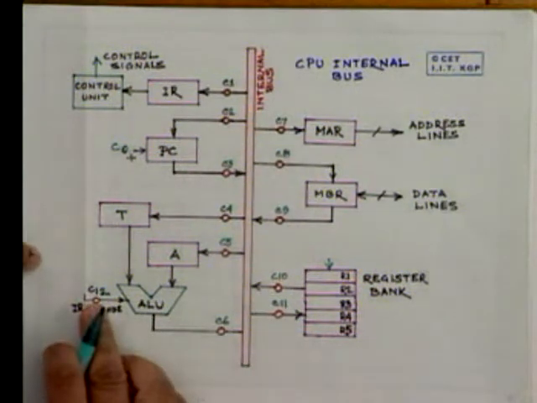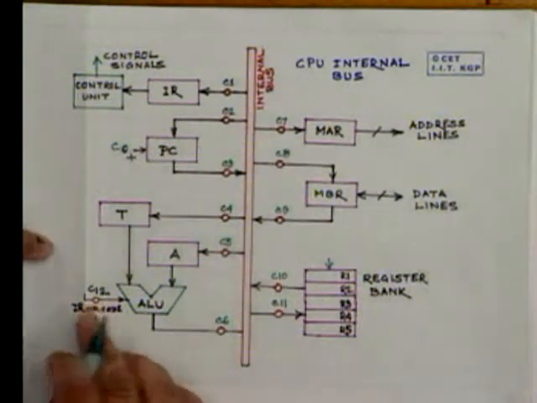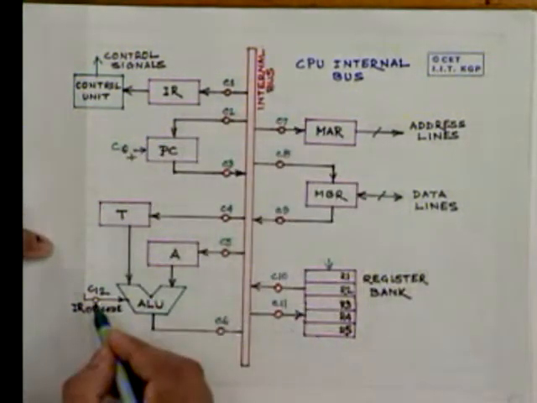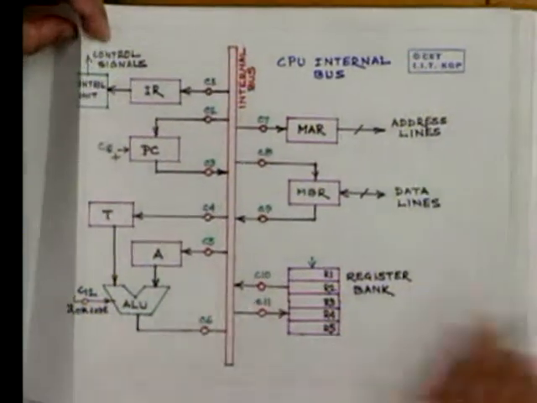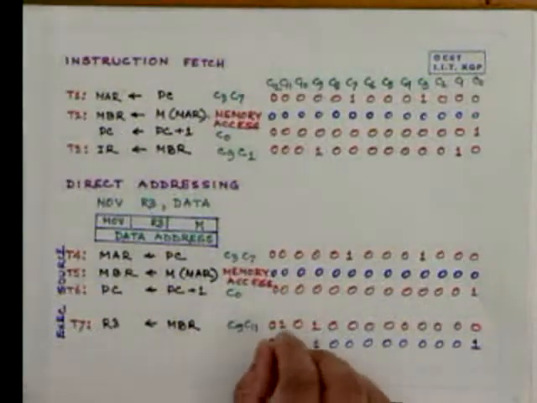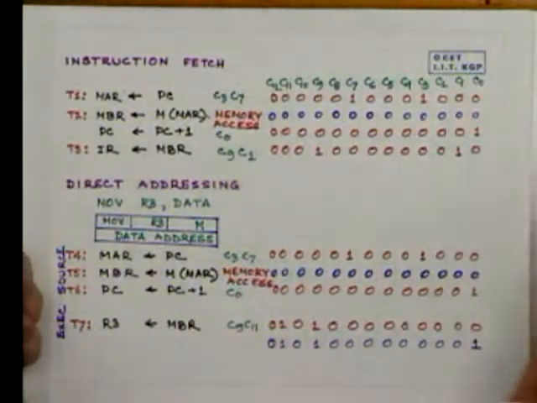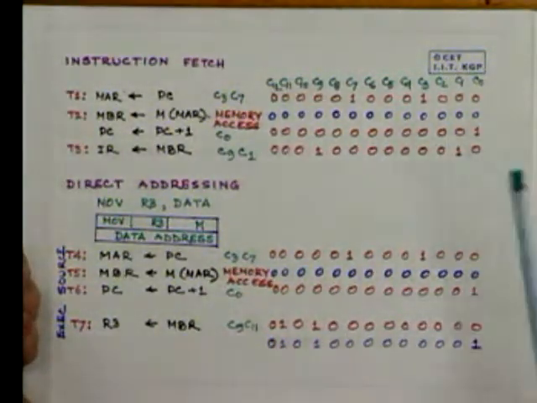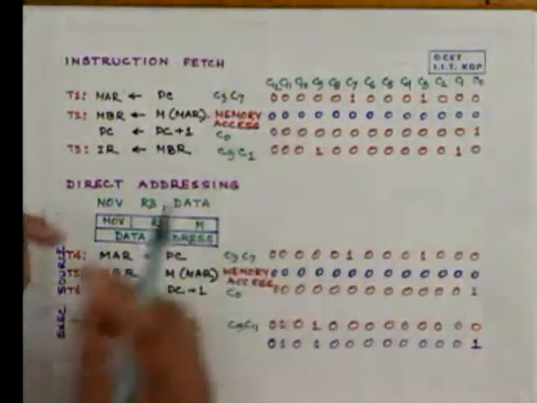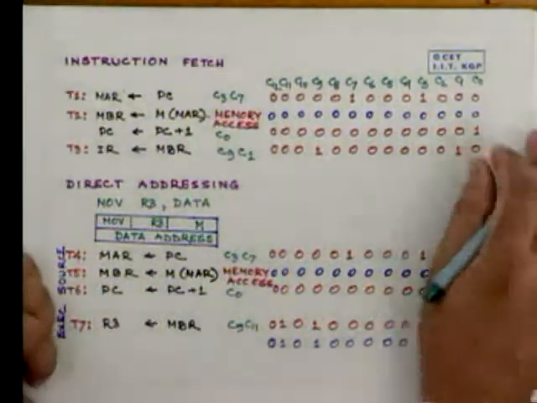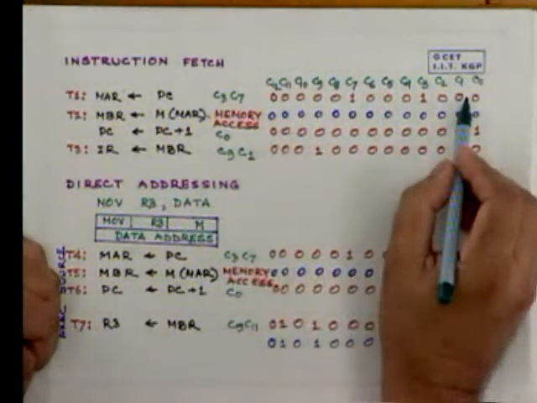C0 to C12 are the different control points that are to be gated as per this code. Please take correction, as this was missed. Now, this we call a control word.